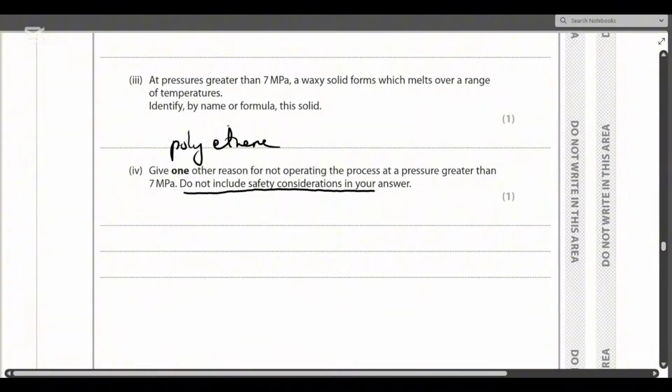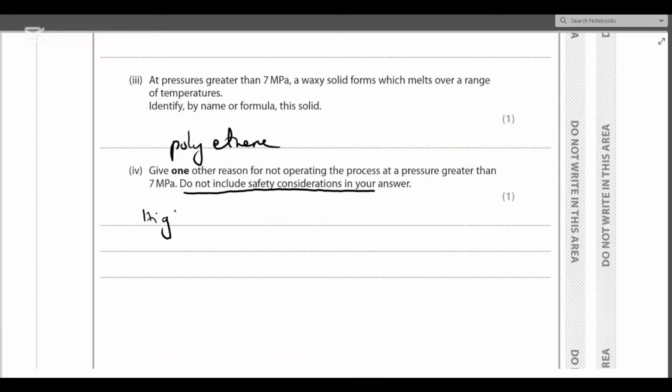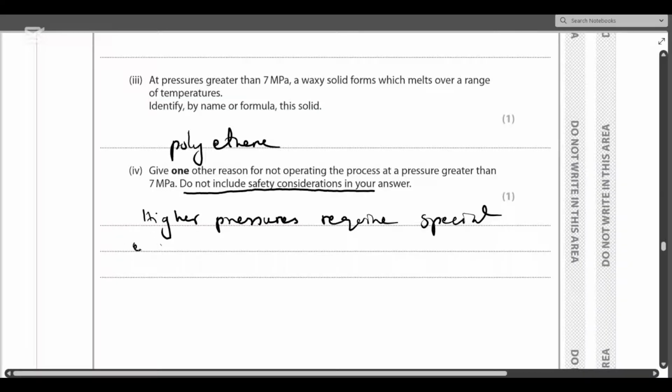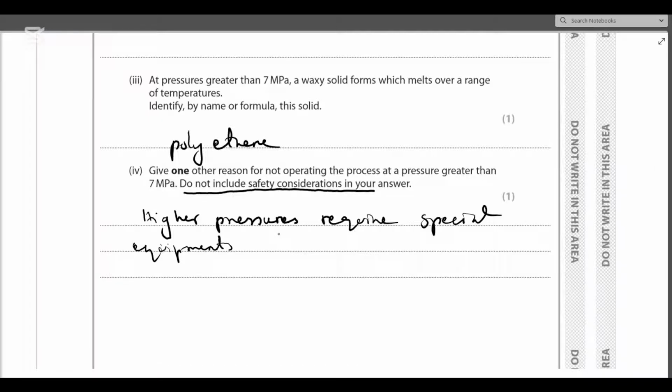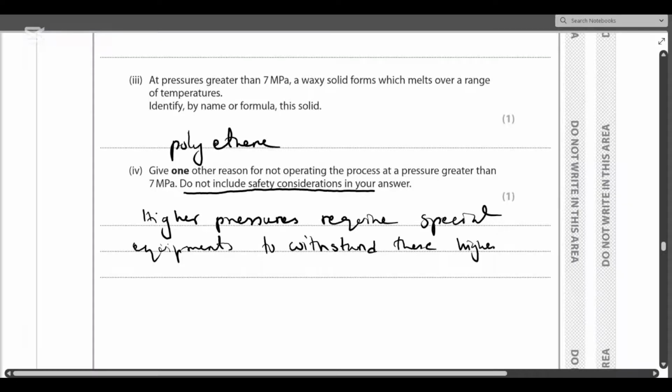So the one reason we can suggest is that higher pressures require special equipment to withstand this higher pressure.